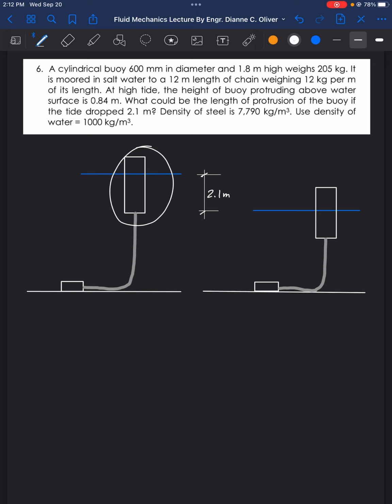So same buoy here. The height of the buoy, which is 1.8 meter high, is the same in both scenarios. So let's put here the height, 1.8 meter as well.